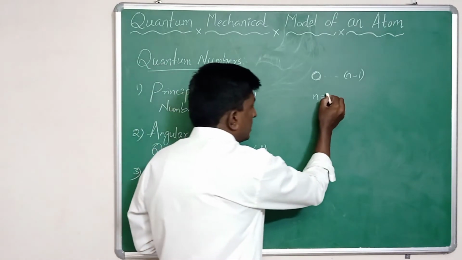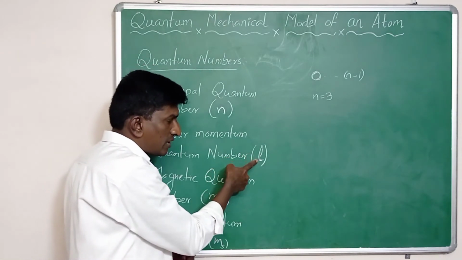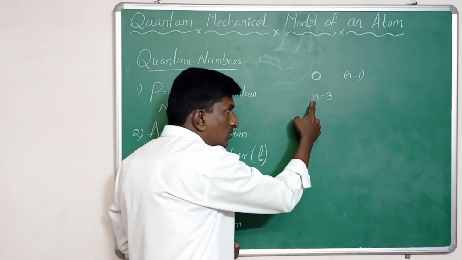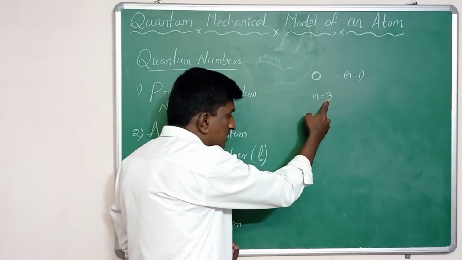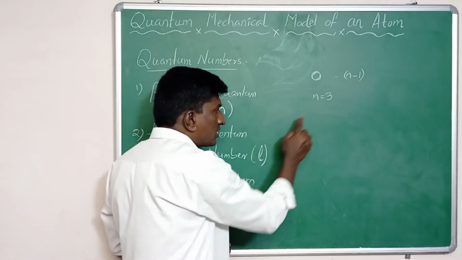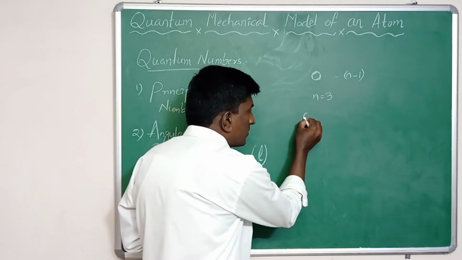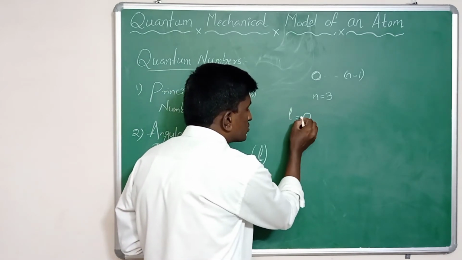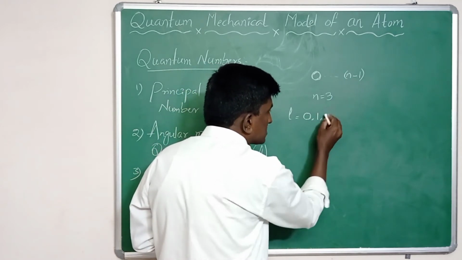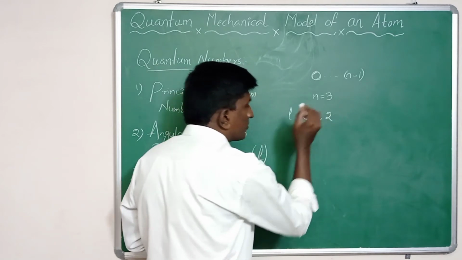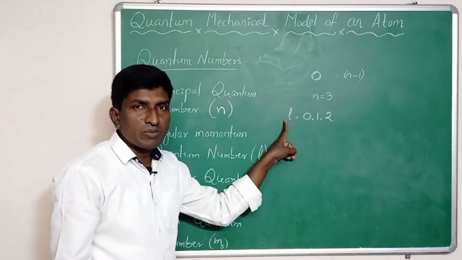For example, if n equals 3, how many L values are there? There are 3 L values, equal to the n value. The minimum L value should be 0 and the maximum should be n minus 1, so 3 minus 1, which is 2.